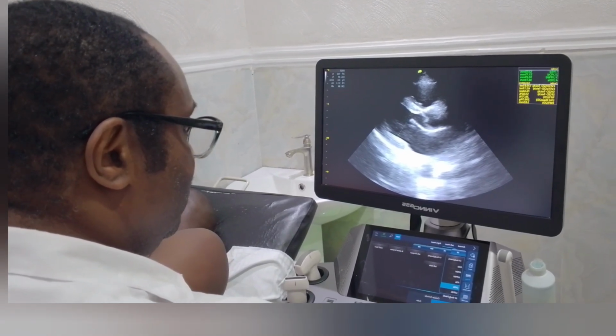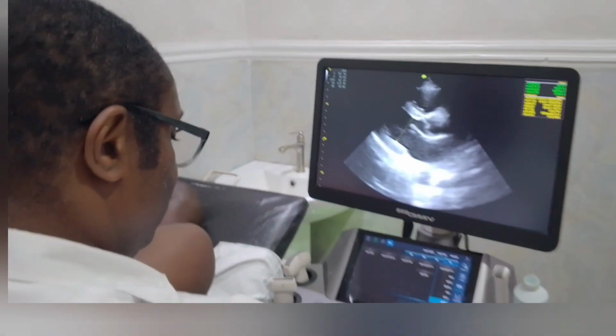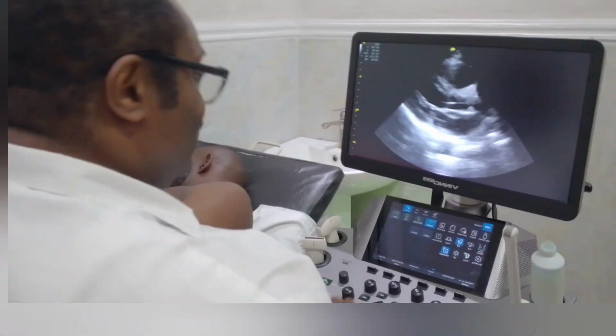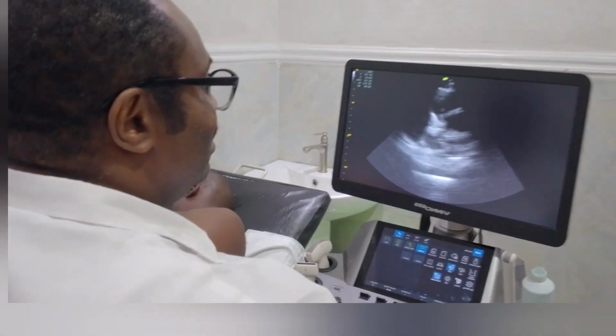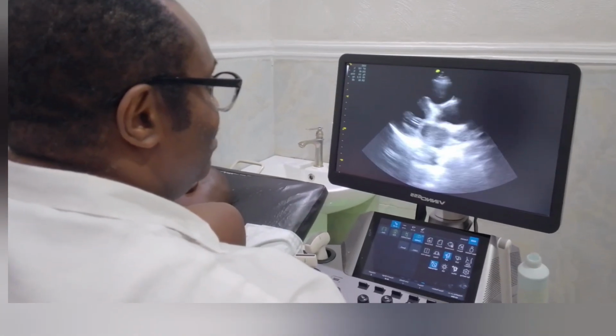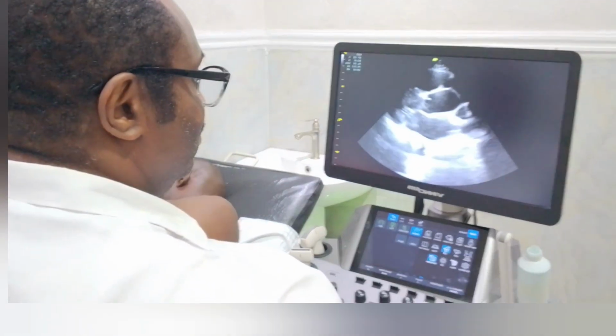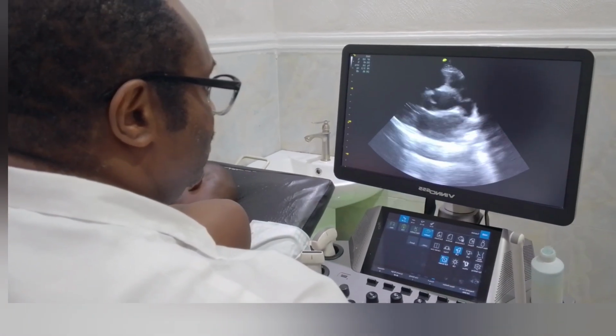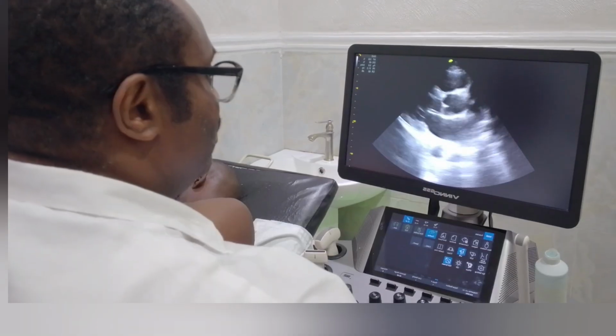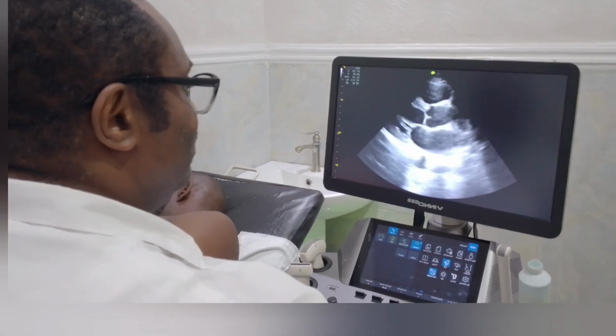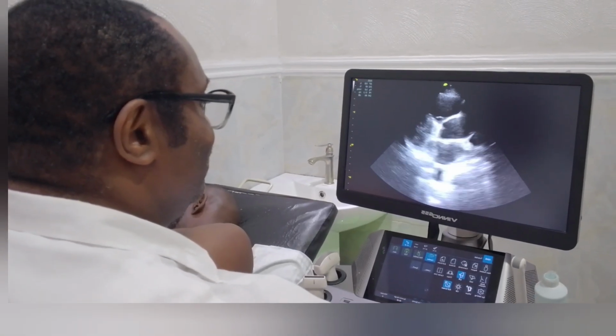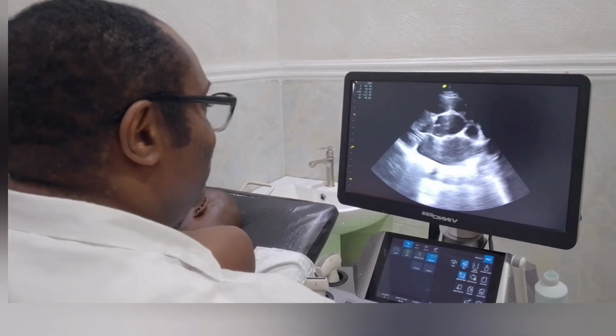Right. Now the next, aortic. We'll measure the left atrium. So practically everything in the parasternal long-axis view we are measuring.